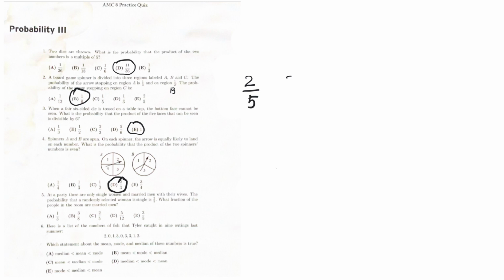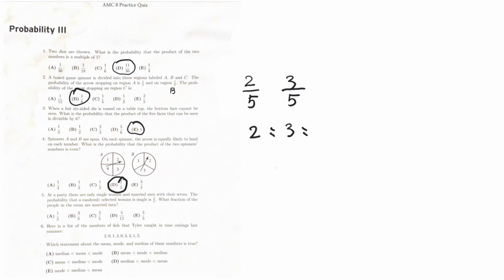And if a woman is married, that will be 3 over 5. So single and married is 2 to 3. And also there are only married men with their wives.